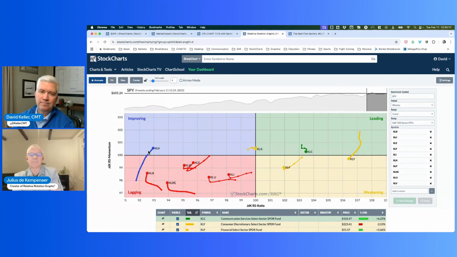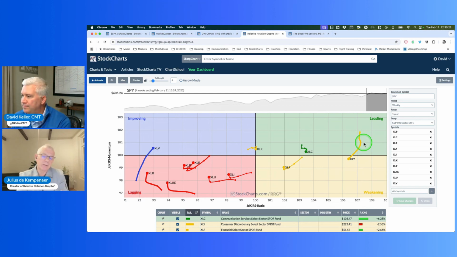Yeah, so the rotations you were pointing out are definitely there. The fact that XLY and XLF and XLC are pointing lower over the last couple of weeks is the reason why the S&P is not really pushing higher, because these are important sectors. They're now doing not too well, but they are very high on the odds ratio scale.